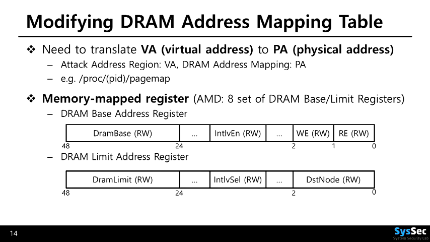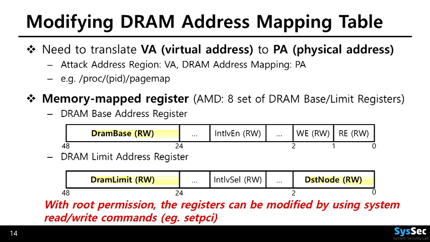The DRAM base register contains the base address, and the DRAM limit register contains a limit address and its destination node. So this pair of registers can be considered as a single entry in the table. In order to modify the DRAM mapping table, we need to change these registers by using system read-write commands.